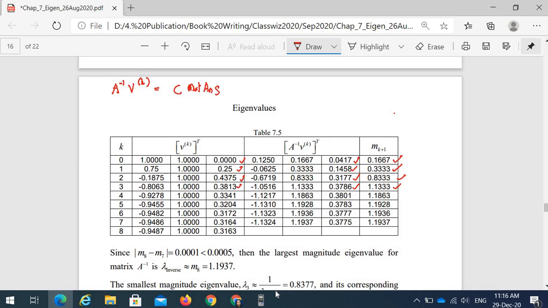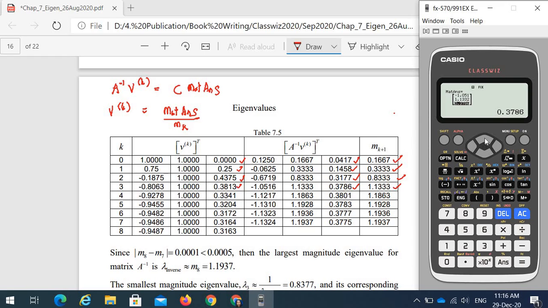To get the next V k plus 1, you always take from your max answer, divide by your Mk. So V4, you divide by M4. So this is your max answer, so divide by 1.1333.